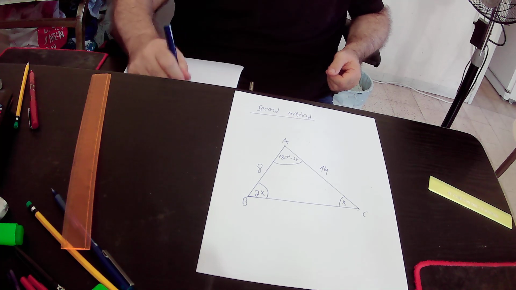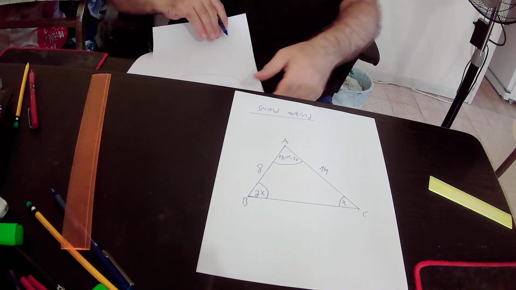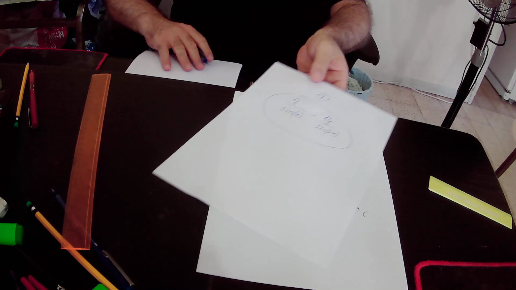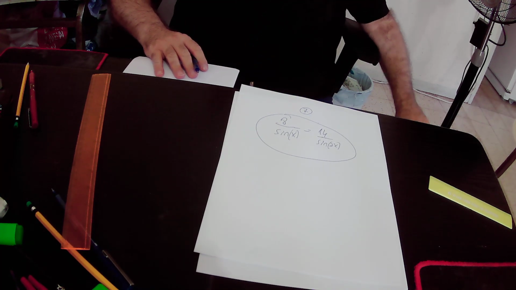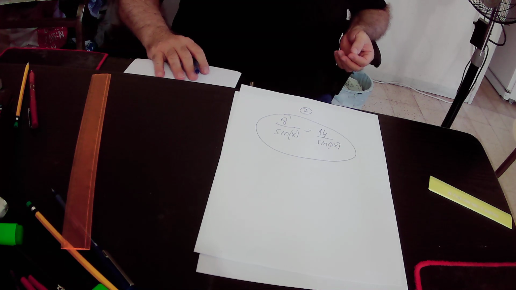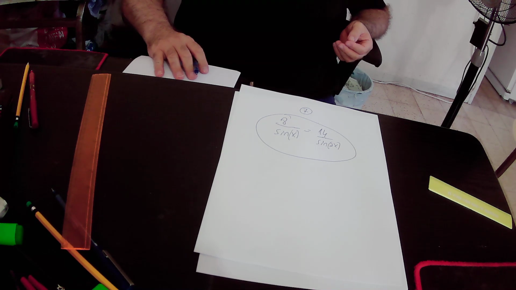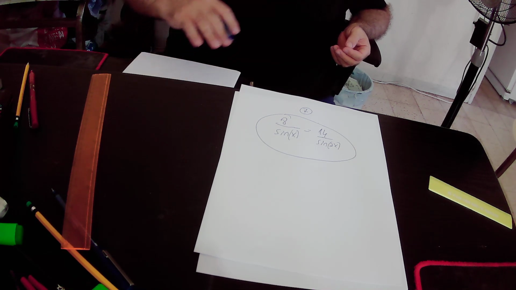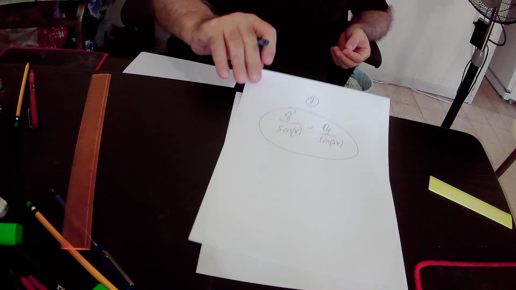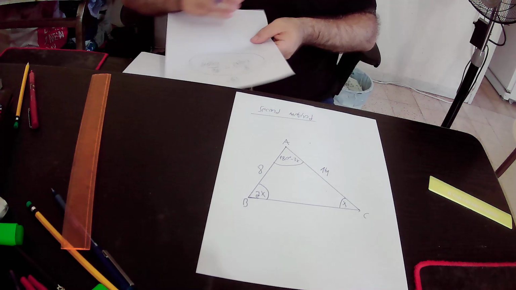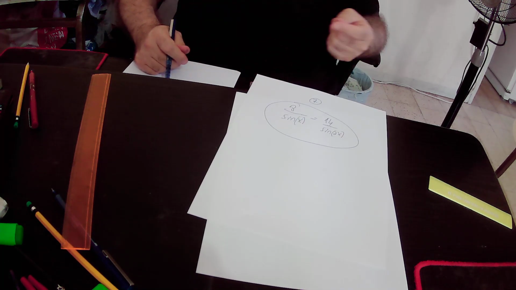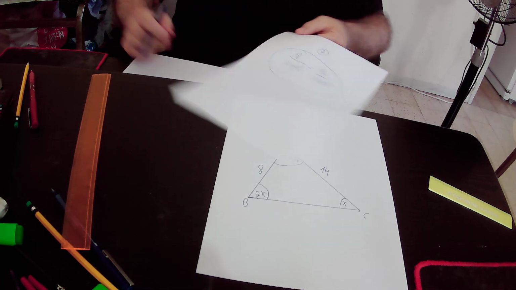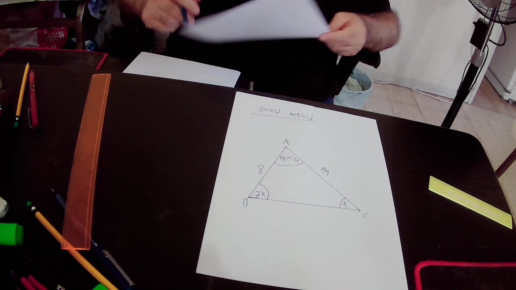Okay, so in our triangle ABC, this equality is true according to the law of sines, that 8 over sine x equals 14 over sine 2x. But we know that sine 2x equals 2 sine x cosine x. So I write it down.